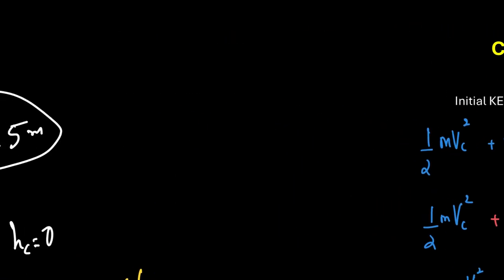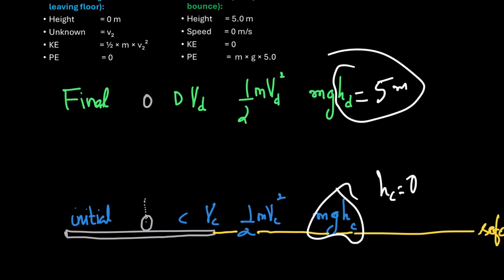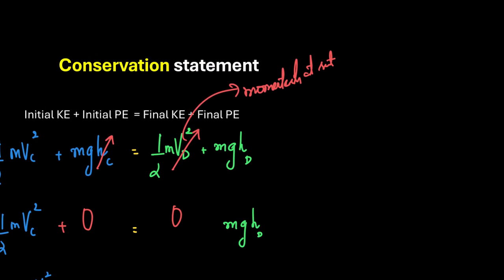As we discussed earlier, the ball falls, hits the floor, bounces back and reaches the maximum height. At that height, it stays there for a moment and then comes back. At that moment, it is at rest.